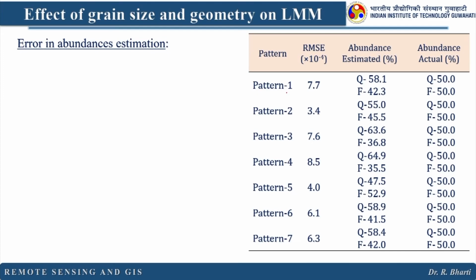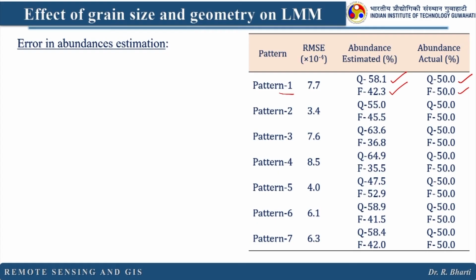Here the first pattern where we have used 50% of feldspar and 50% of quartz, and then we tried to simulate this and match it with the measured spectra, and then we found that from the estimated one, quartz is coming 58.1%, feldspar is 42.3%. That means there is an error in abundance estimation.